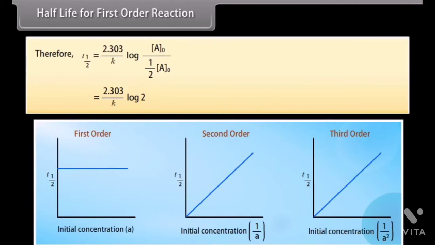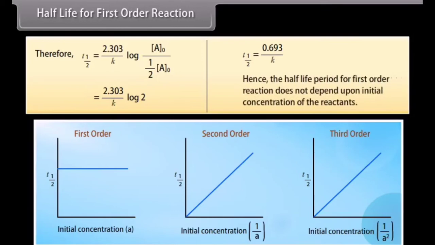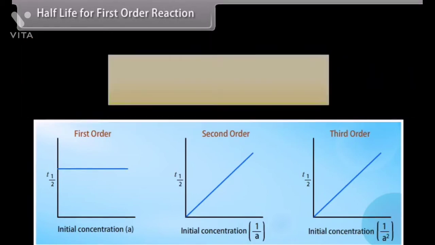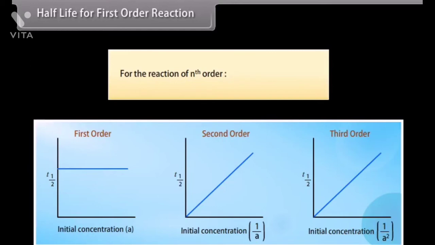It can be written as t half is equal to 0.693 divided by K. Hence, the half-life period for first-order reaction does not depend upon initial concentration of the reactants. For the reaction of nth order, t half is inversely proportional to A naught raised to the power n minus 1.